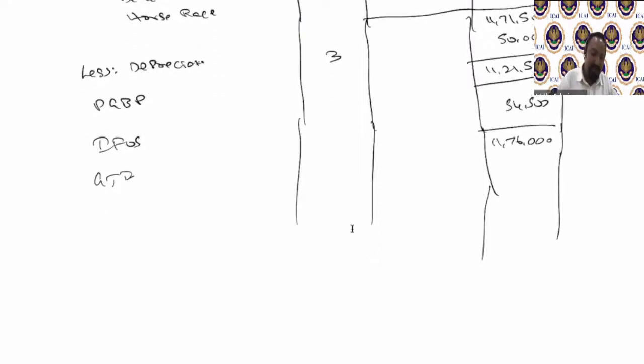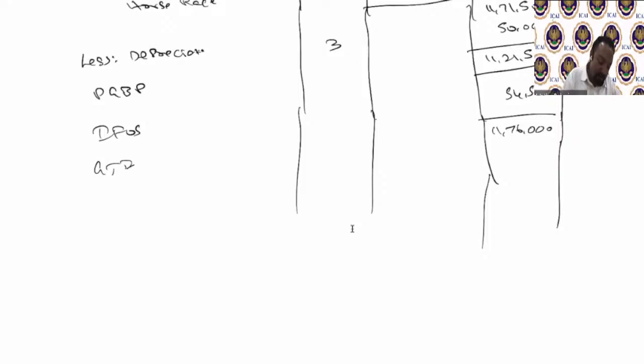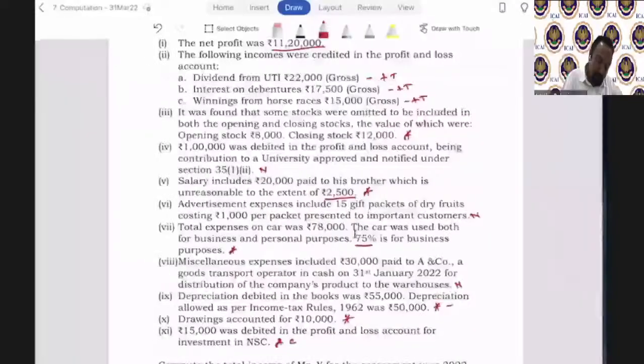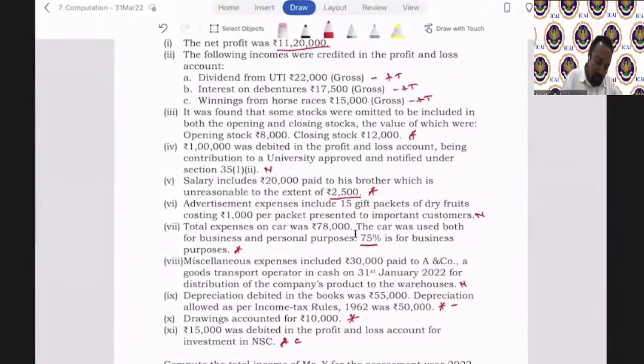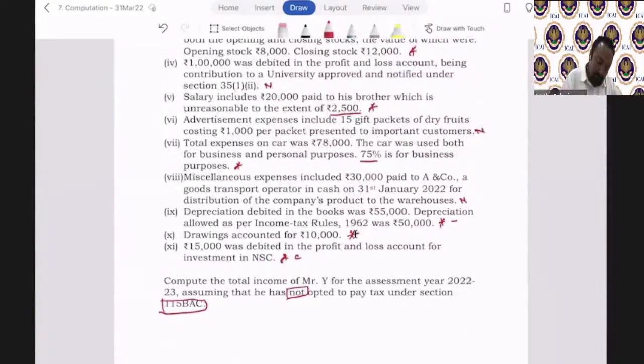Now you need to provide for deductions that are eligible. So deductions less Chapter 6A. So what is Chapter 6A? In Chapter 6A, you had only one, that is ATC. You'll write a note. Depreciation is done.